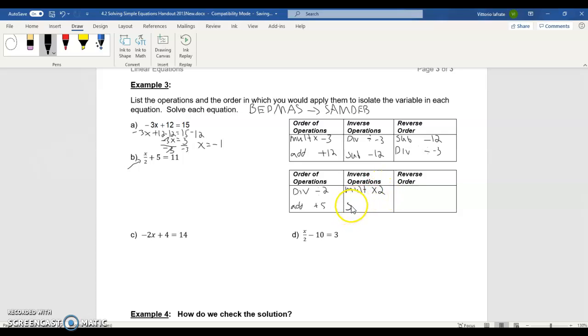And we need to do a subtraction. We need to take away 5. Remember that normally multiplication comes before subtraction, but now we do the opposite order. So we do a subtraction first. And then our multiplication after.